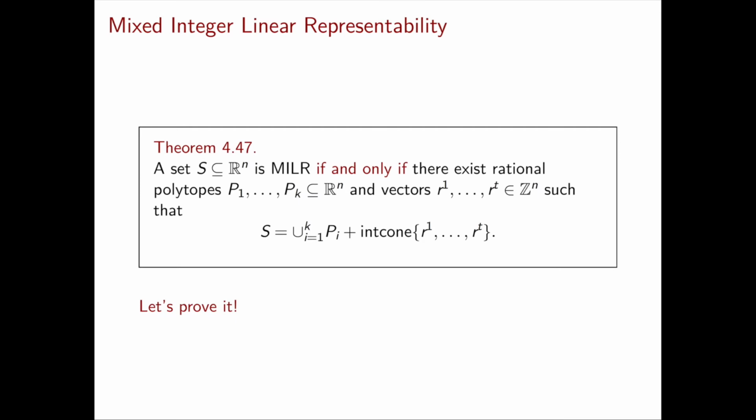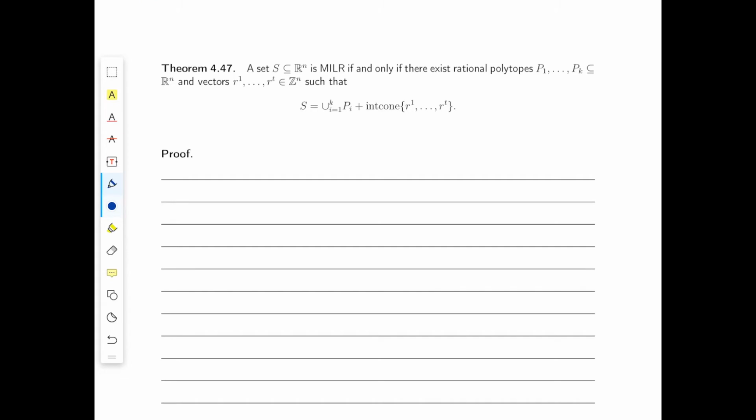So let's now prove it. We have to prove an if and only if. So let's start with the direction from left to right. Our assumption is that the set is mixed integer linear representable. We want to show that it can be written in the form below. And this form, so union of polytopes plus integer cone of integral vectors, looks very similar to something we've seen not so long ago.